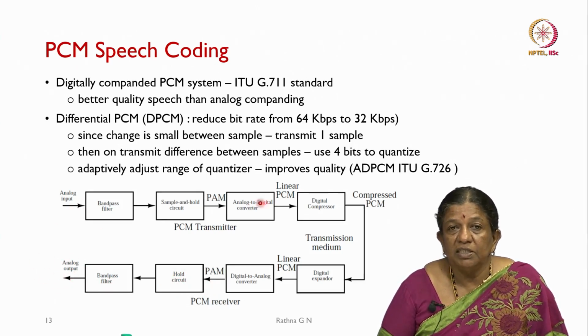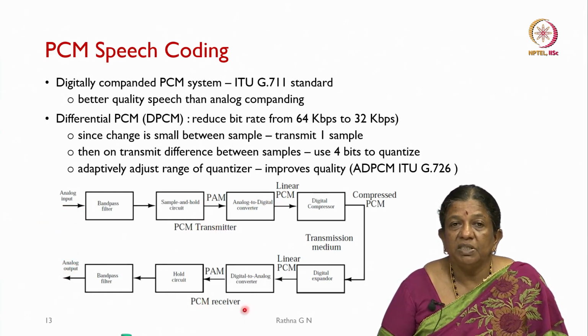So, this is the PCM transmitter and then the PCM receiver. These are the blocks present in the transmitter, and these are the receiver blocks that are going to work on it.